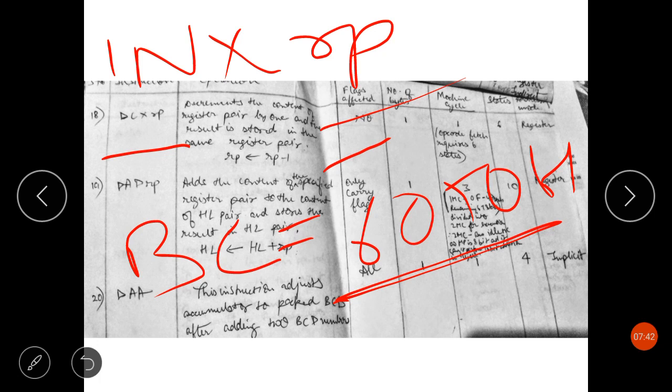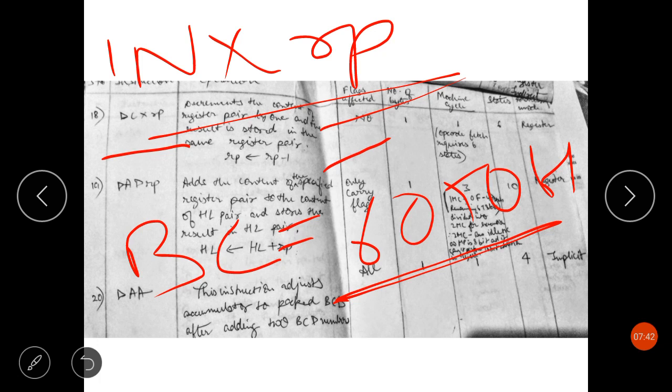So that's why the 8085 has been made in such a way that whenever I execute these types of instructions, INX and DCX RP, it will not affect any flags, because incrementing or decrementing the address should not affect any flag.